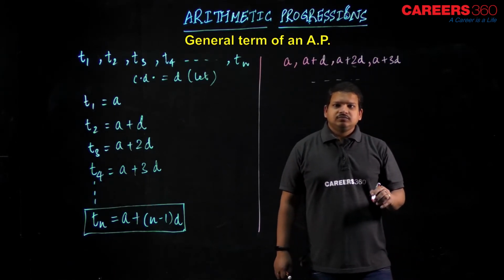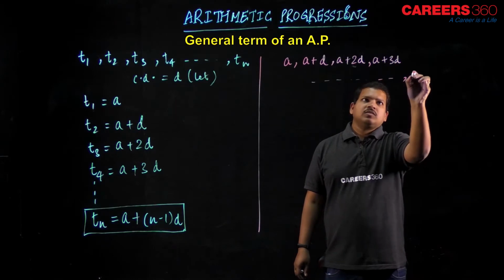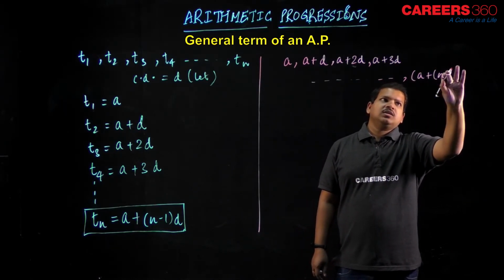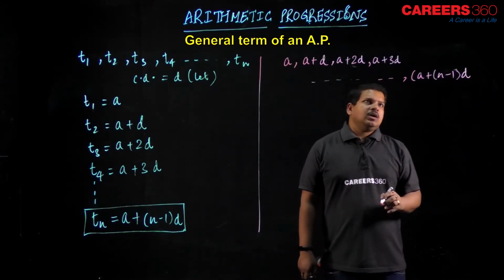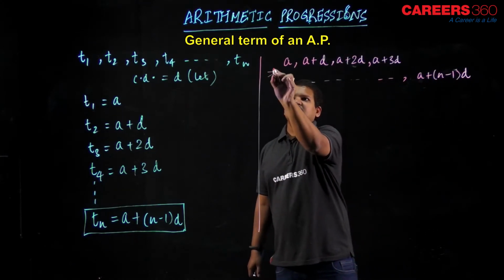Now, the last term would be A plus n minus 1 into D, right?